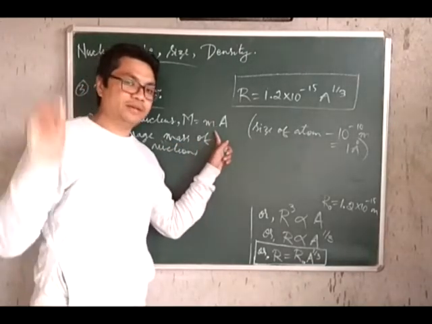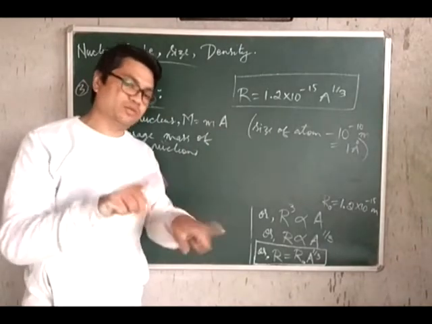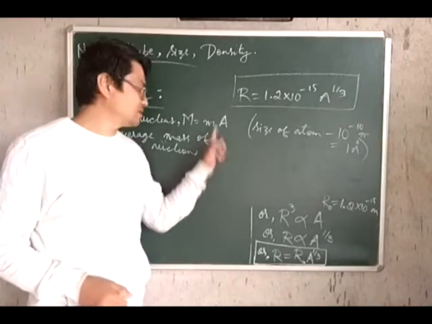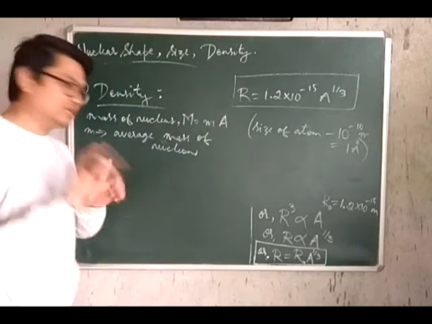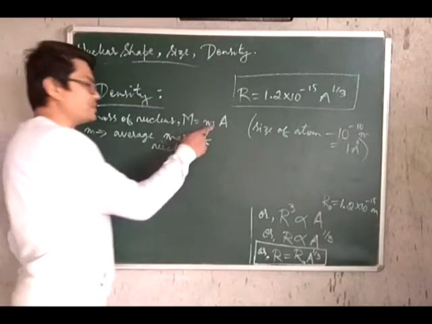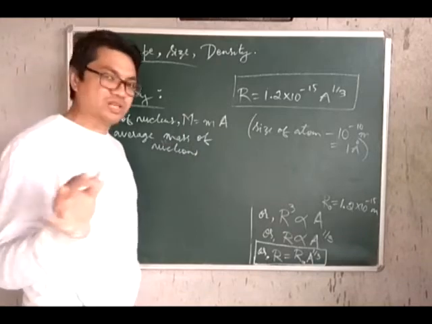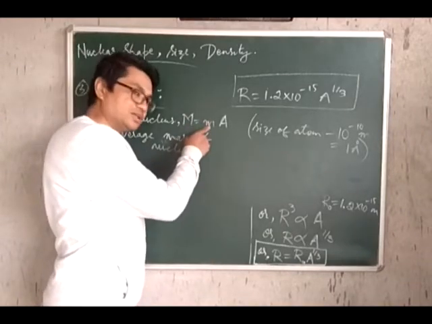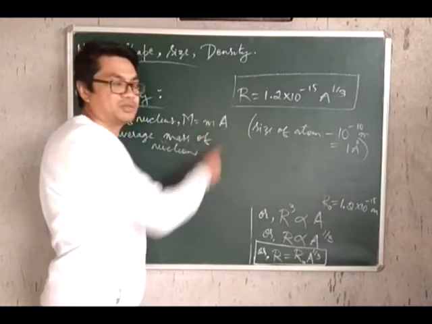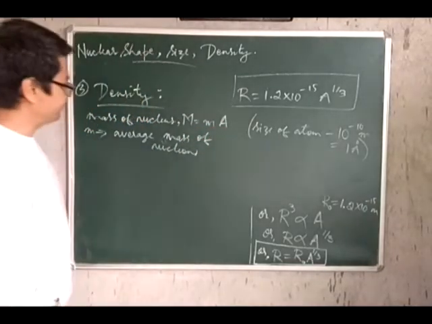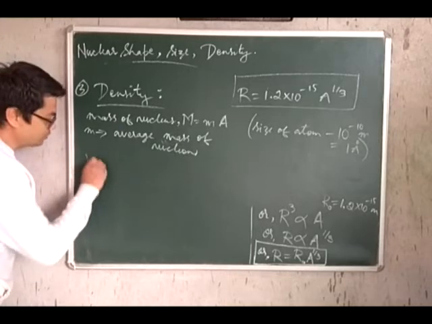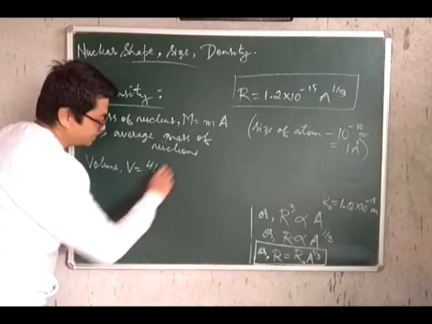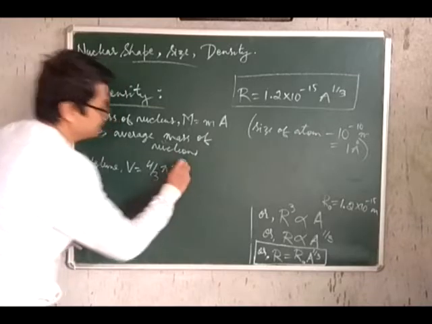Now protons and neutrons have almost very similar masses. Neutron is a bit heavier than proton, but still the average mass we take to be the same. So if m is the mass of a nucleon, then the total mass of the nucleus will be the mass of a nucleon times the total number of protons and neutrons. And volume, we already know, volume V is equal to 4 by 3 pi R cube.